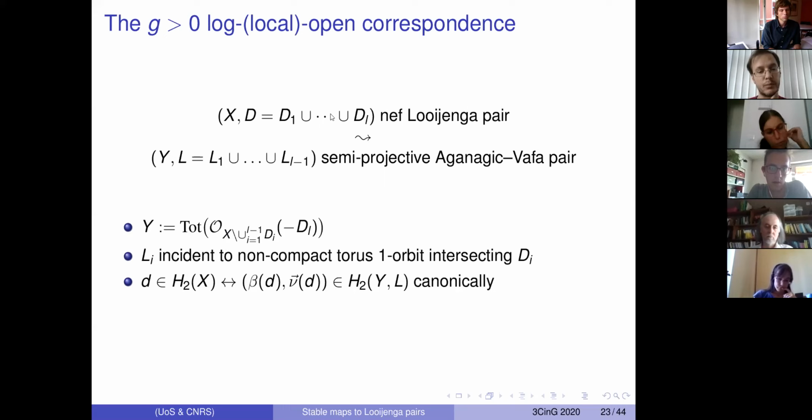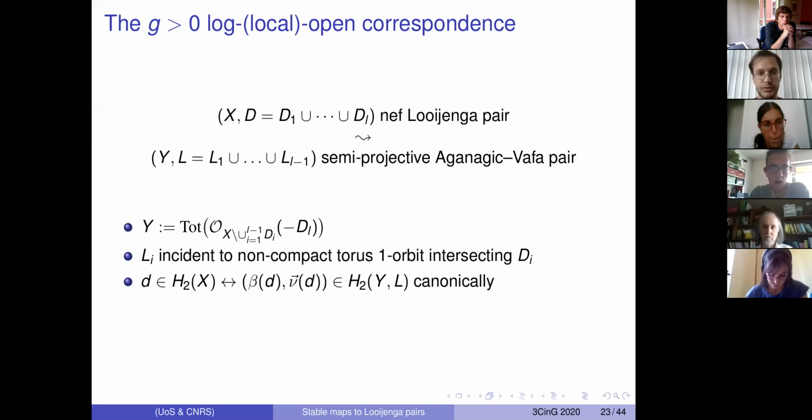So we take away the first L-1 irreducible components of D from X, and on this complement we take the total space of O(-D_L), the last component, which, since D is anticanonical, is just the total space of the canonical bundle on this quasi-projective variety. So the Harvey-Lawson branes will be incident to some non-compact torus orbit intersecting D_L.